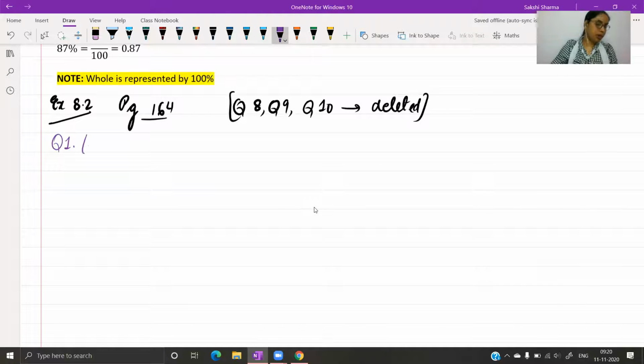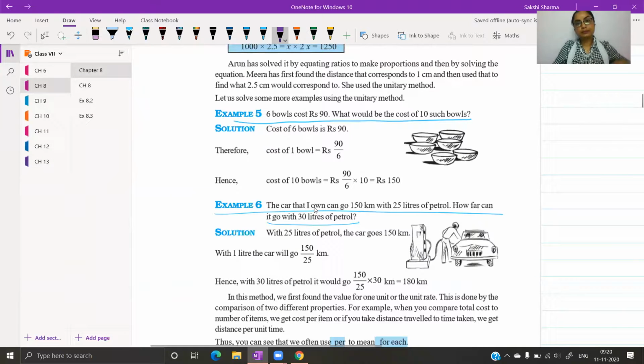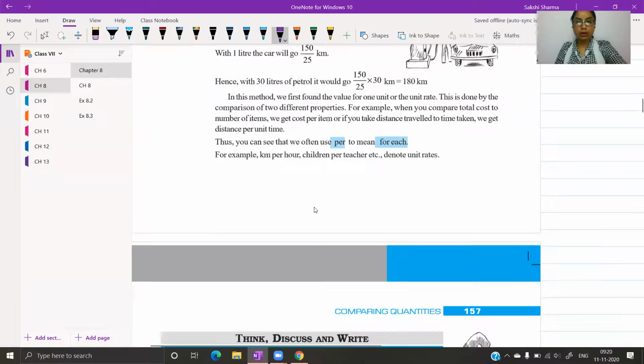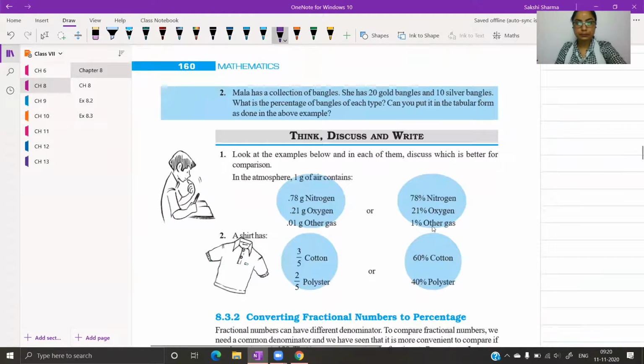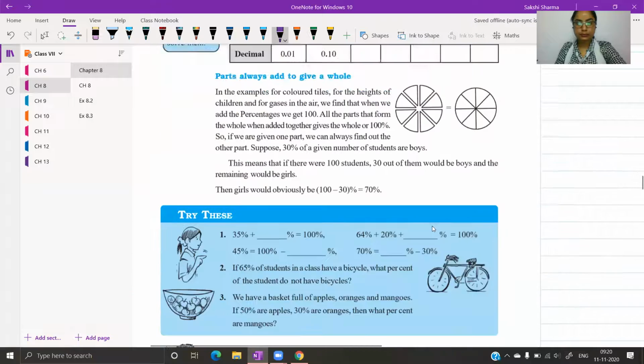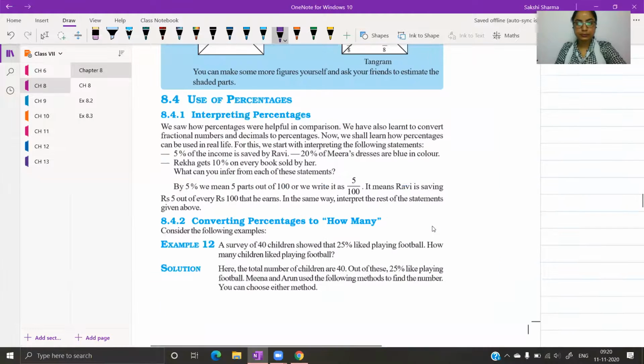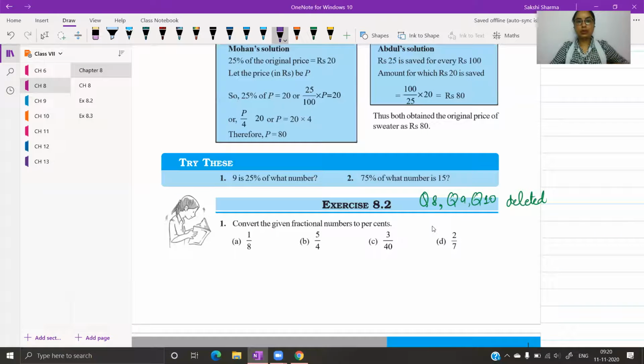So question number 1 of the exercise is, convert the following fractional numbers into percentage. Right here. So convert the given fractional numbers to percents.